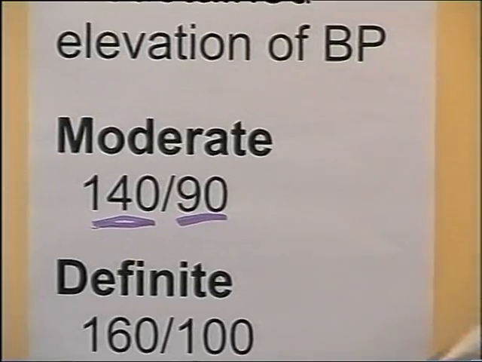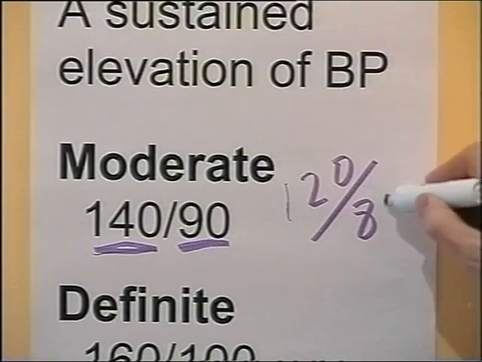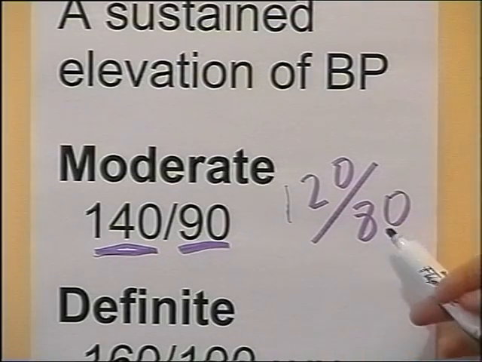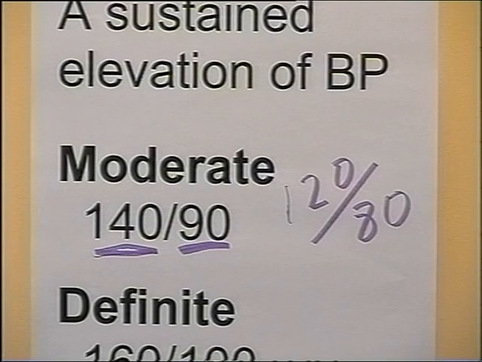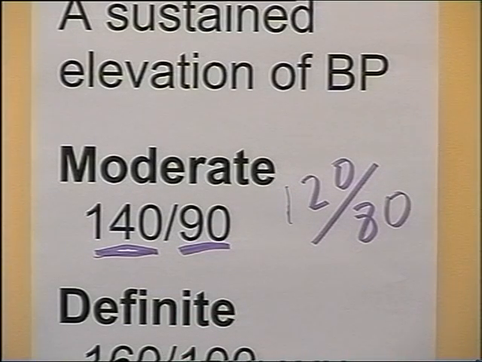Remember, a normal would be something like 120/80. The first figure always refers to the systolic, the second figure to the diastolic. So if every time you took a relatively young person's blood pressure was 140/90, that would probably be moderate hypertension and worth certainly getting a good medical opinion on whether it was worth treating that.